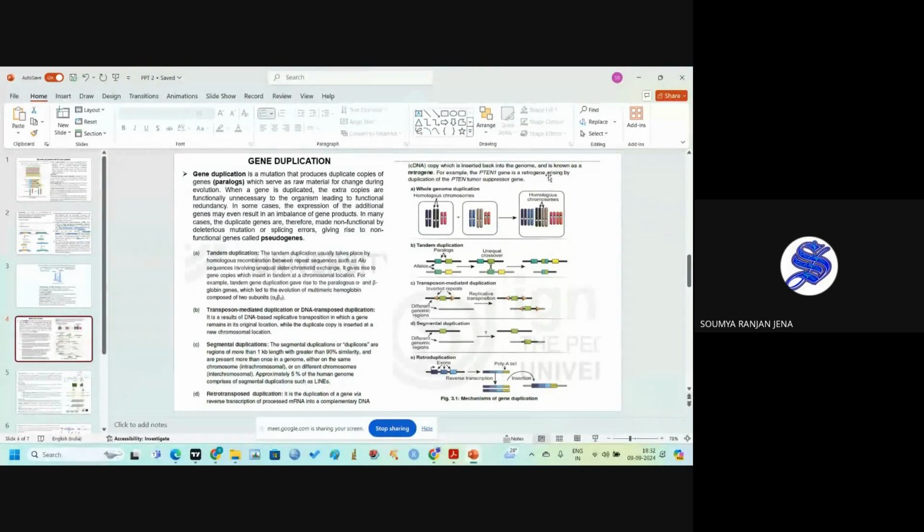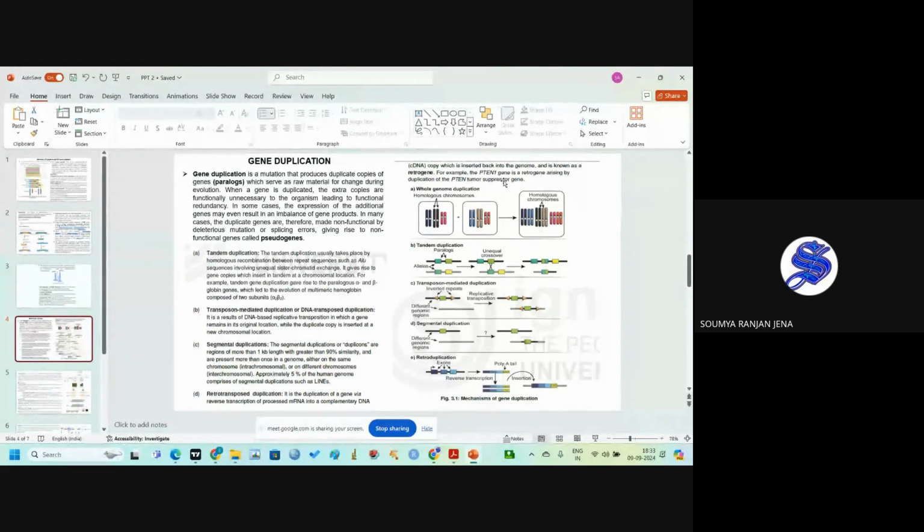These retrotransposon duplications give rise to genes; the PTEN gene is a retrogene arising from duplication. PTEN is a tumor suppressor gene. If this gene is excessively expressed and is not required by our body, then it gives rise to a tumor or cancer in our cells.